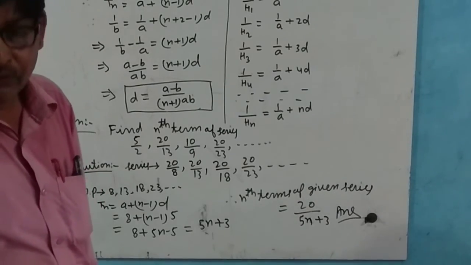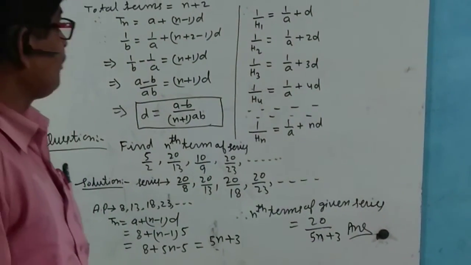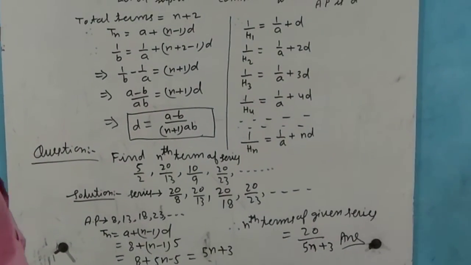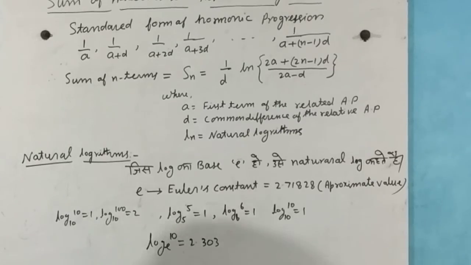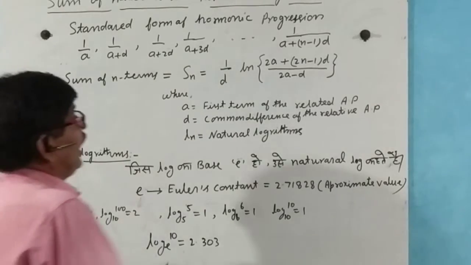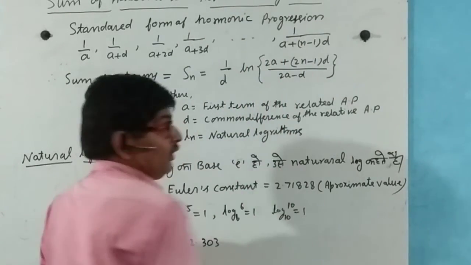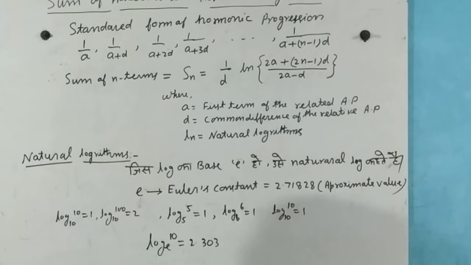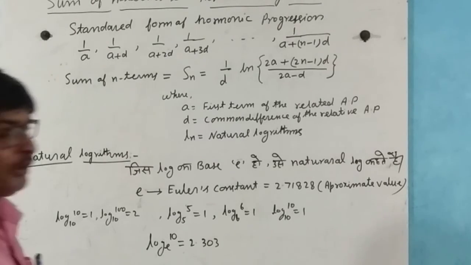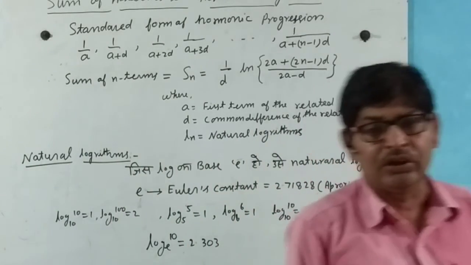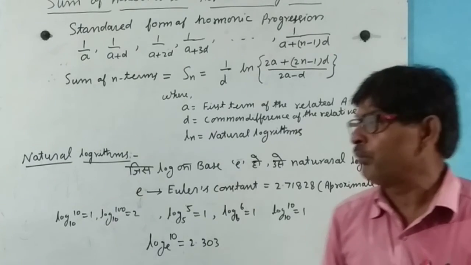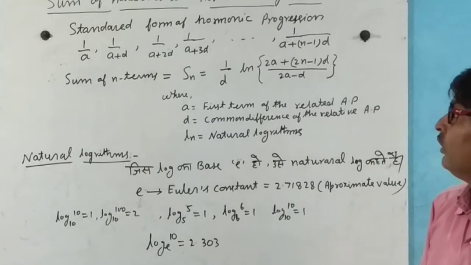Now we study the sum of harmonic progressions. Here is the sum of n terms in harmonic progressions. In general, the standard form of AP equals a, a plus d, a plus 2d, a plus 3d, up to a plus n minus 1 into d.